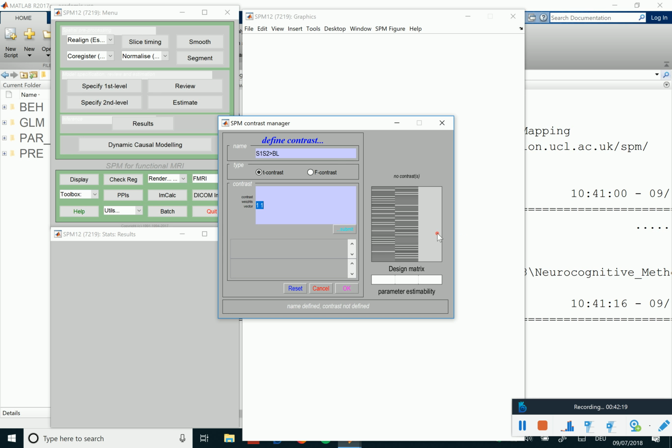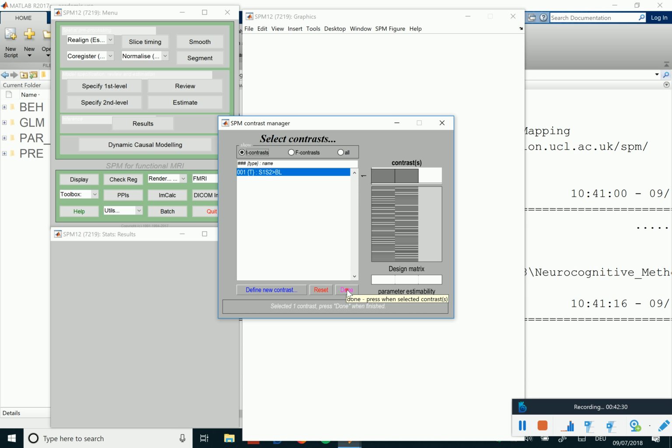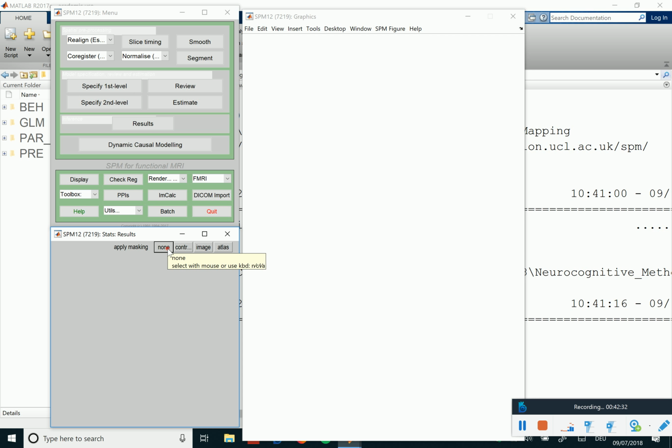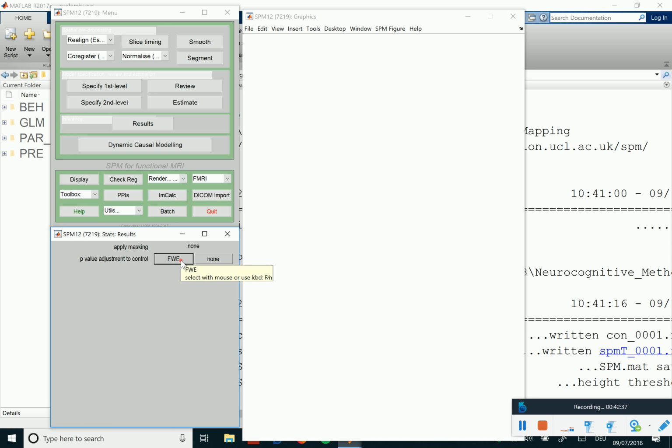We don't need to include a 0 for the session offset. So everybody's happy about this. And then we are where we actually started in the other course, where we don't apply any correction, and then decide on the cluster forming threshold, where we use 0.001. Then we can define the extent threshold, which, as we discussed, only matters for the set level inference. So let's give it 0.